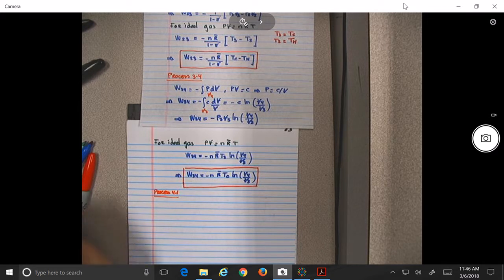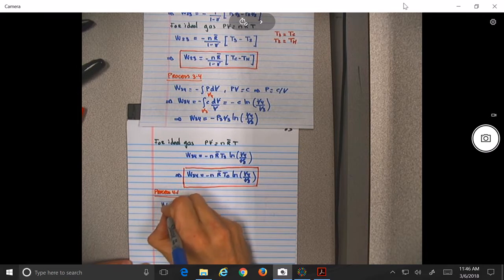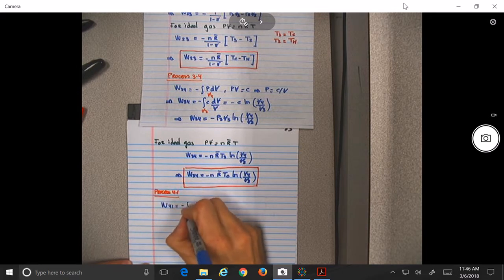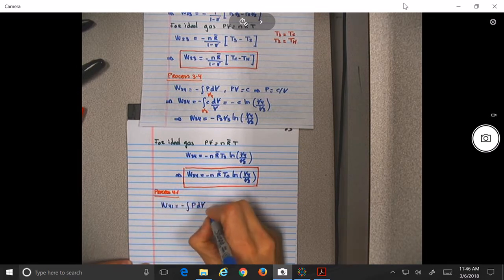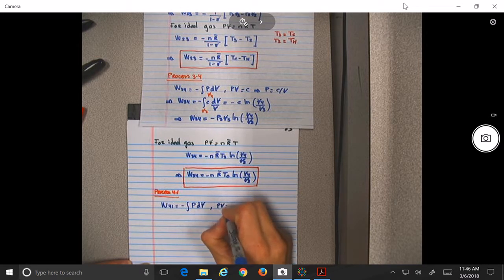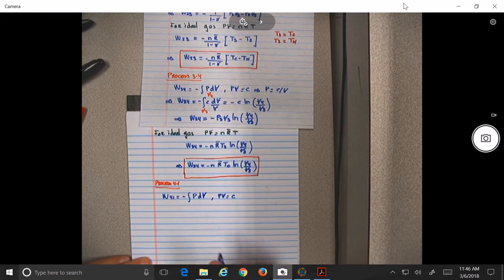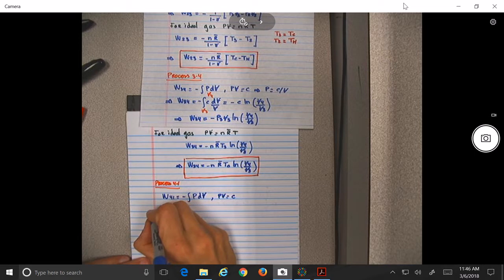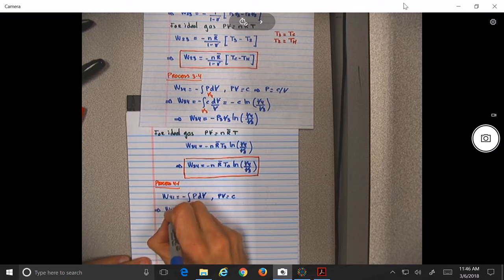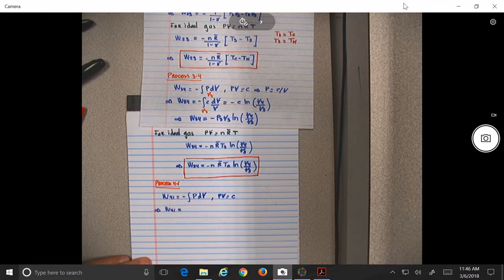So now, process 4, 1, I think you can probably do it by yourself, all right? Process 4, 1 will be work 4, 1 equal to minus P dV. What type of process is this one? It's PV to the gamma constant. So it's actually the long one, so it's work 4, 1. No, 4, 1 is gamma, yeah.